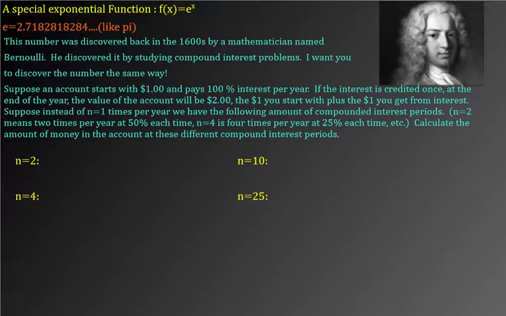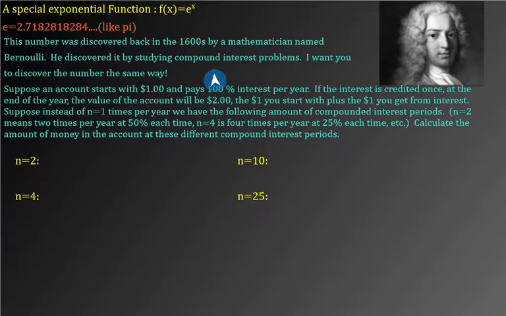N equals 4 would mean that you're applying the 100% spread out over 4 chunks, so like quarterly, right? So every 3 months, you apply 25% of the interest, basically. So what I want to calculate is the amount of money in the account as you increase the interest application times throughout the year.